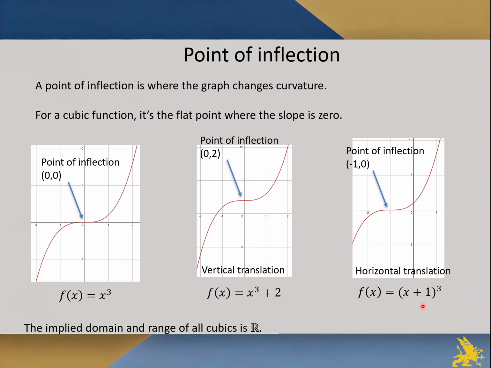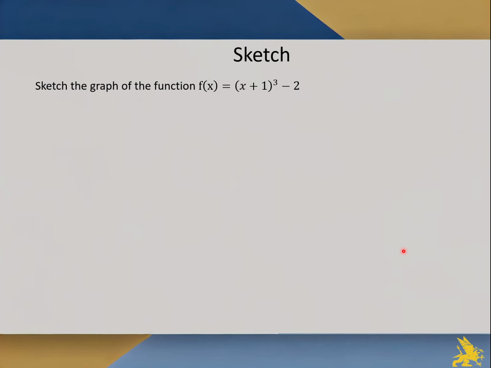Likewise, if I've got a horizontal shift, so I've got x plus 1 in the brackets, likewise, when we've done a quadratic or any of our other functions, it means that there is a horizontal shift to the left by 1 unit, which is what we're seeing here. So this inflection point is when the gradient is 0.